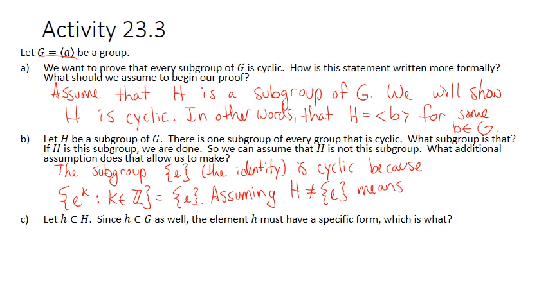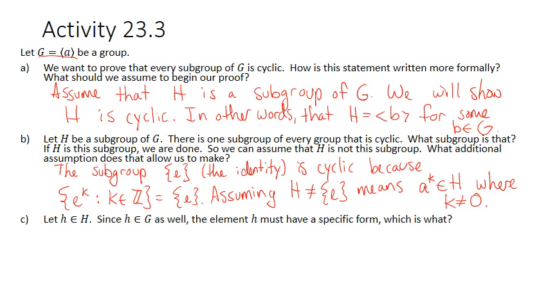I guess that would mean there must be some other element in H. And remember, all of the elements of H, just like all of the elements of G, are going to be powers of A. So that would mean that there's some power of A that's in H, where that power of A is not the identity. So where k does not equal 0, since the identity would be A to the k, or sorry, A to the 0.